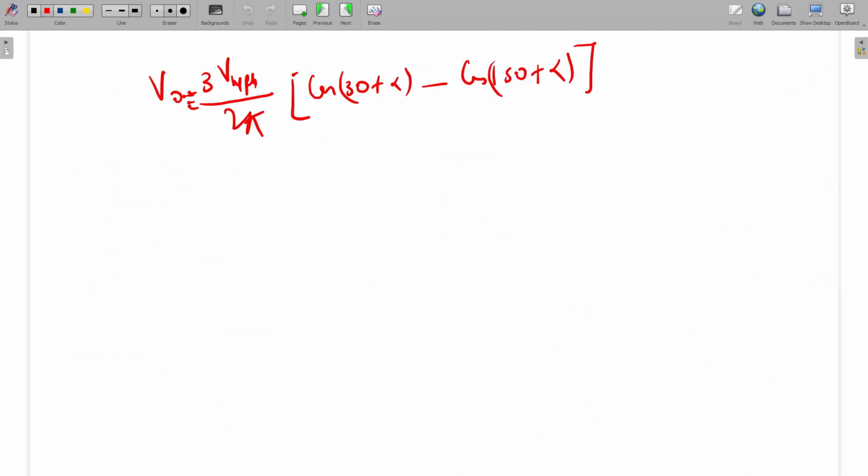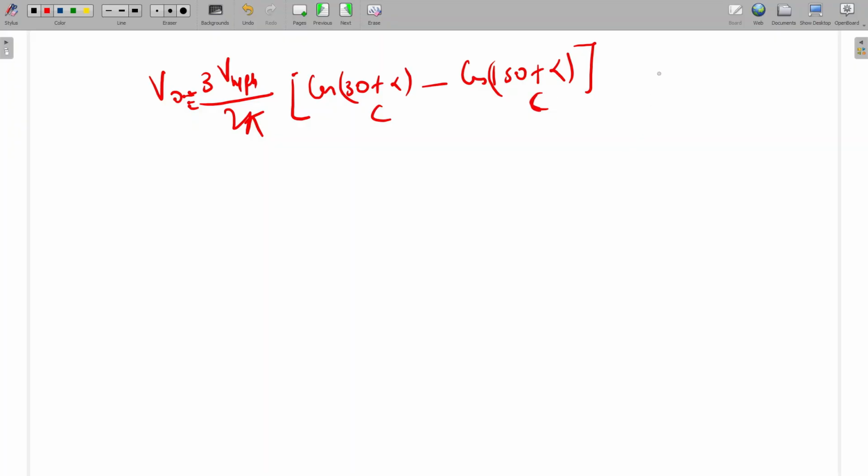So cos C minus cos D, what will be the formula? Can anyone tell? Minus 2 sin C plus D by 2 into sin C minus D by 2, sir.